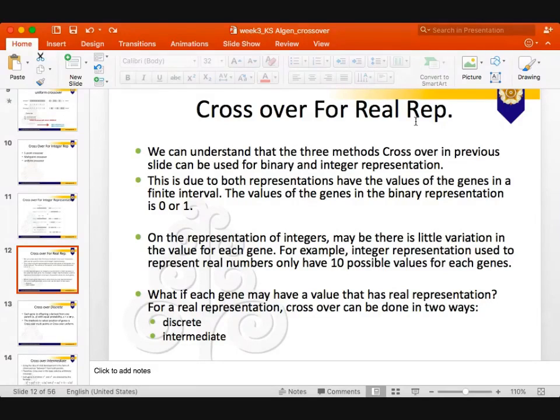It means the variation between the chromosomes from the first generation, the second and so on does not really represent variation in real numbers. So in the integer representation, maybe there is a little variation in the value for each gene.